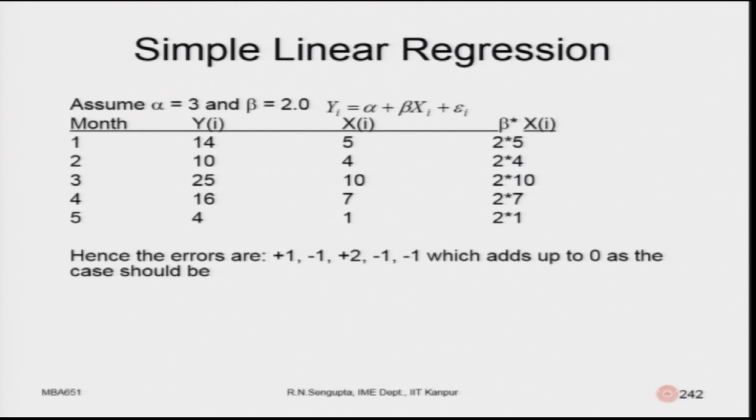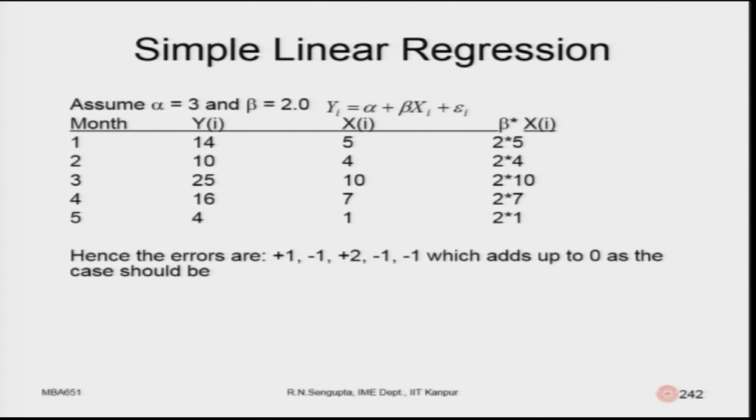Obviously, when you multiply beta, which is given as 2, by the x i's, you get values from 2 into 5, which is 10, till the last value, which is 2 into 1, which is 2. Now, the error is basically the actual value minus alpha plus beta into x i.